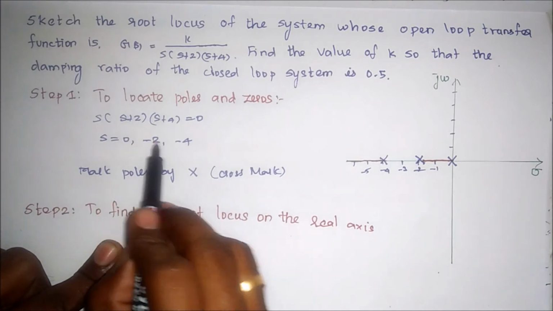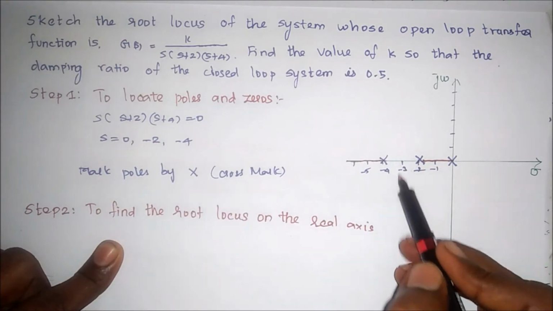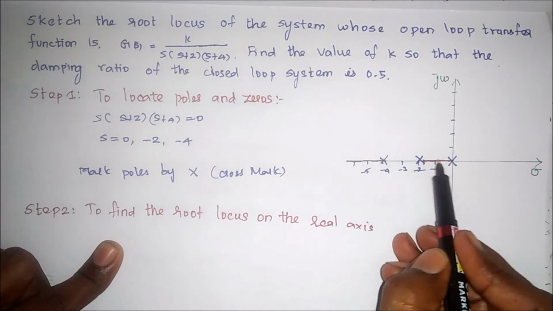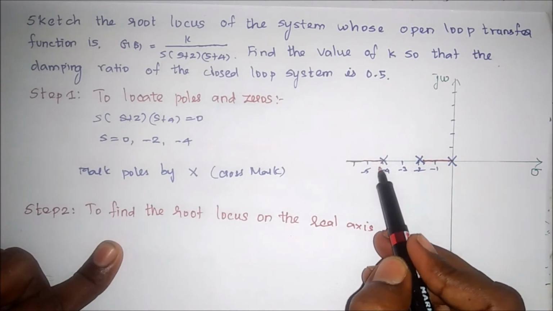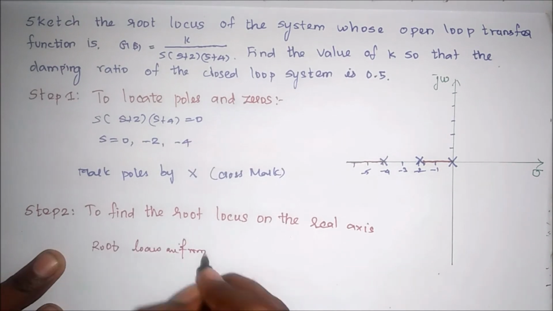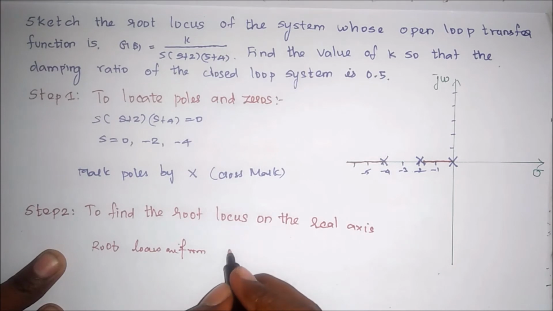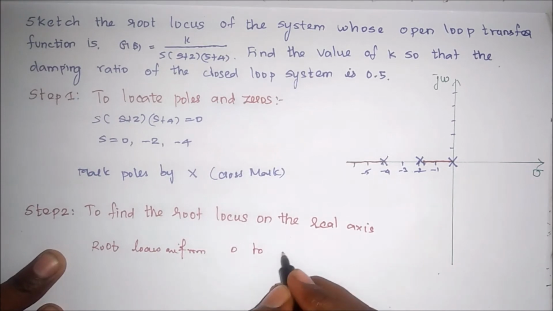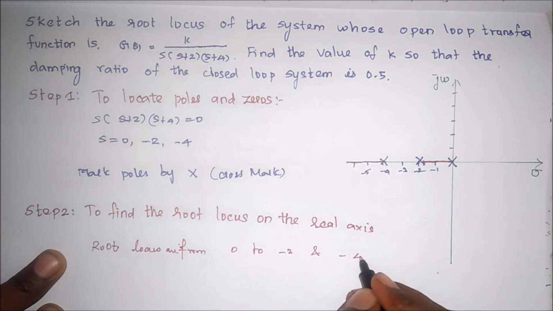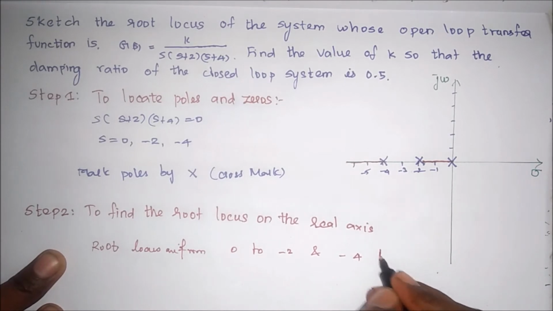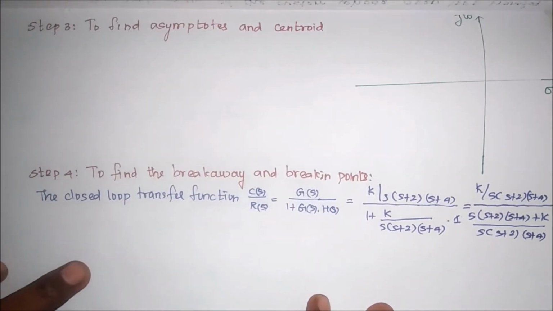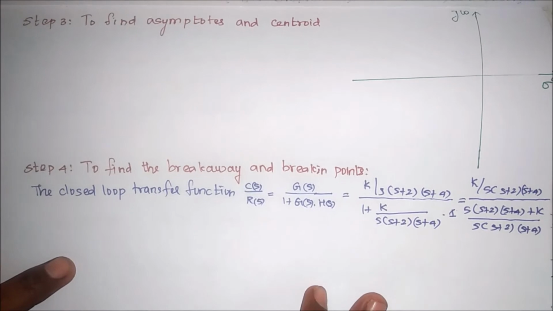Here there are 3 poles, therefore 3 root locus branches will be available. So far there are 2, but we have to find the third. Here we write the root locus is from the 0 pole to the -2 pole, and from the -4 pole to infinity.